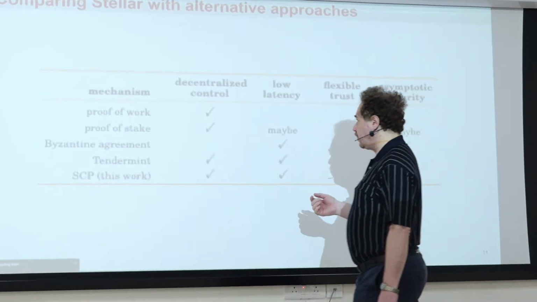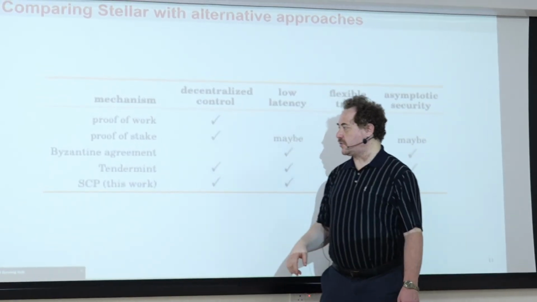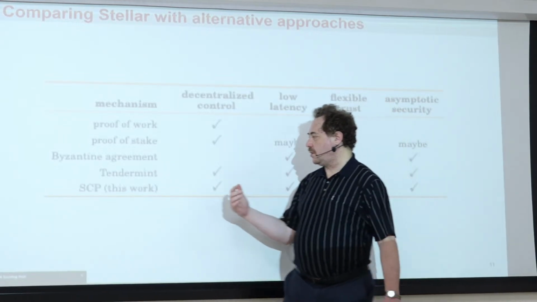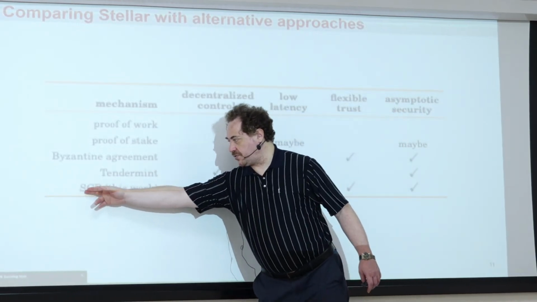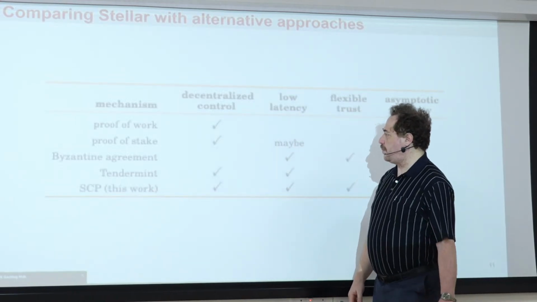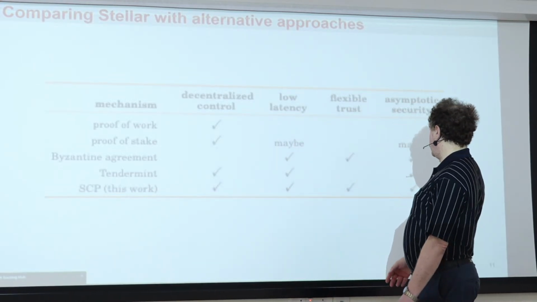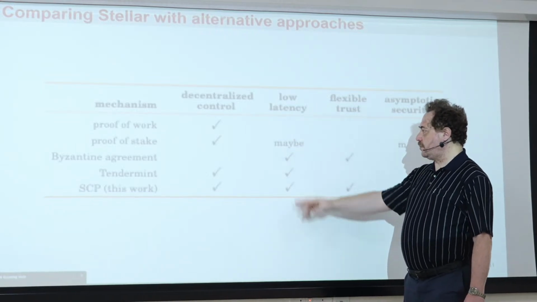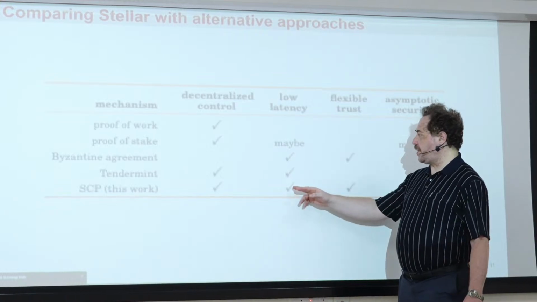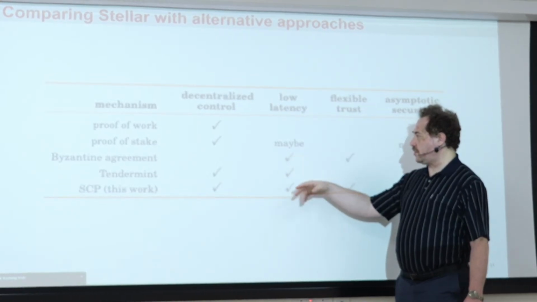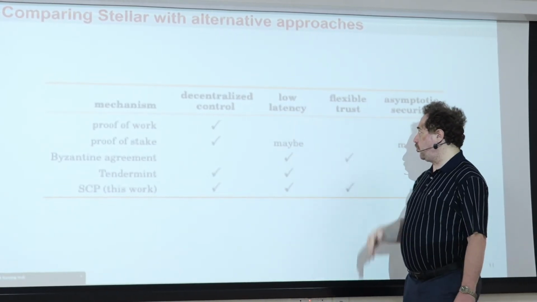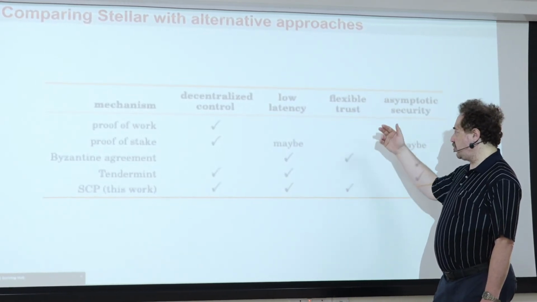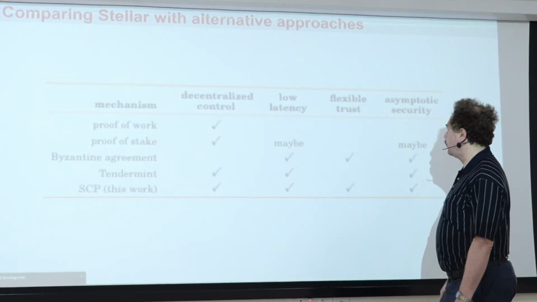In which case, you don't get any decentralized control and flexibility over the constitution of quorum. And this is where the Stellar consensus is basically making the most contribution. It's also low latency, so it's similar to normal Byzantine agreement and much lower than proof of work. And it also provides flexible trust configuration.